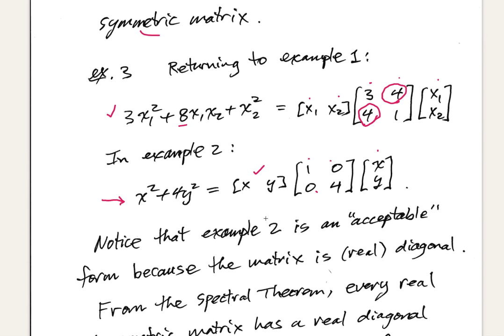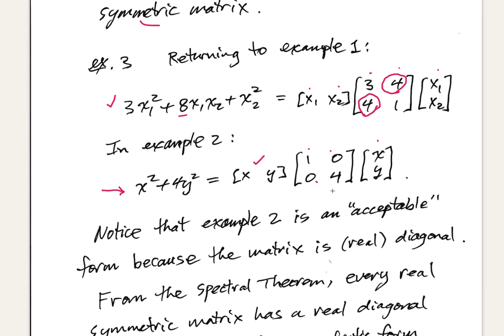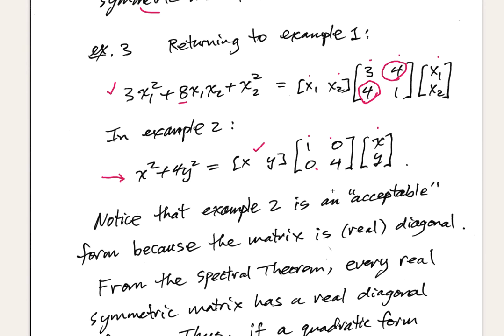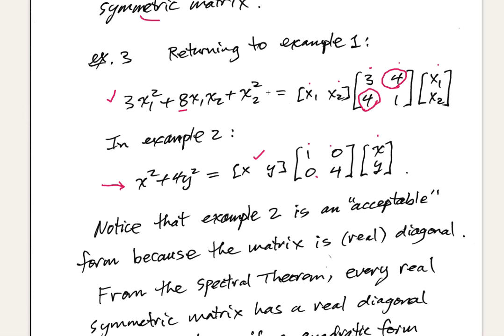This matrix A that we're using for this one is better written as D. It's a real diagonal matrix instead of just a general symmetric matrix. Of course, all diagonal matrices are symmetric, but this is very specific. All the elements off the main diagonal are 0, and that's precisely what we're looking at for now.